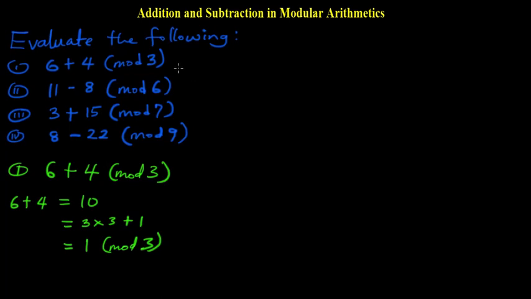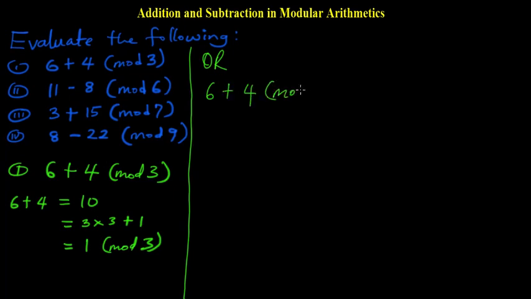We can also take another method to solve this. Let's try this method where we have 6 plus 4 in modulo 3. We can do it separately. 6 in modulo 3 will give us what?